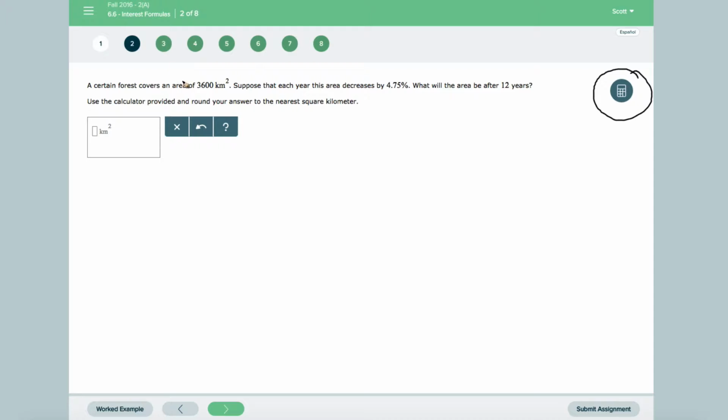So we take the initial amount, 3,600, and then times the rate. Well, what's the rate? It's decreasing by 4.75.